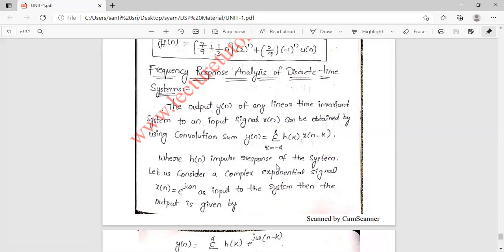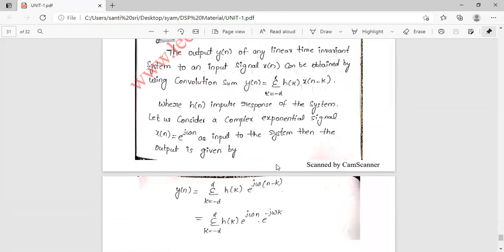Here we take the input signal x of n as a complex exponential signal, that is e power j omega n. So replace x of n minus k with e power j omega into n minus k.